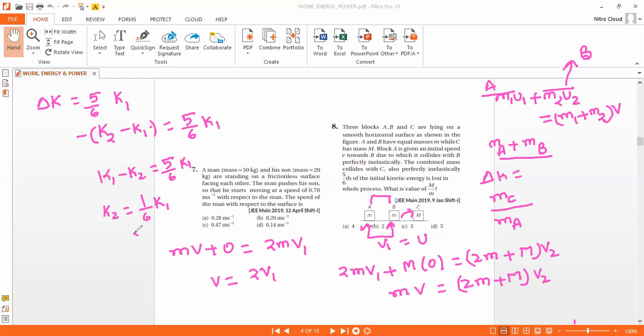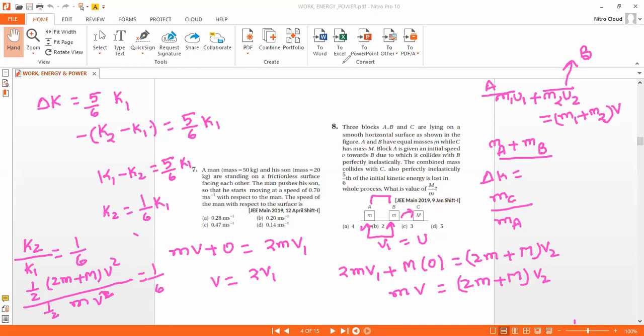So k2 by k1, final kinetic energy by initial kinetic energy, is equal to 1 by 6. So here we can write k2, that is half into (2m plus capital M) into v square, by half initial mass, initial kinetic energy, that is 1 by 6.